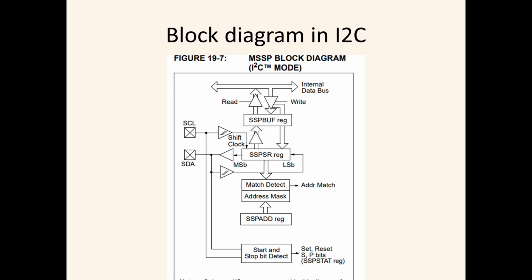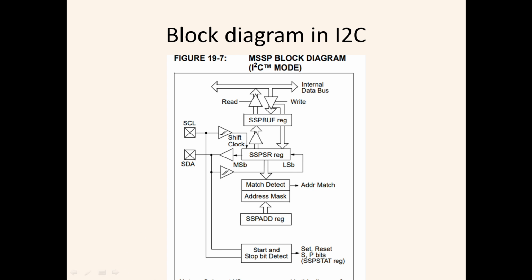The first register is SSPCON, the second is SSPCON2, the third is SSPSTAT, and the fourth is SSPBUF, along with the shift register, which is associated with your buffer register. And the sixth register is the MSSP address register. So the slave address has to be mentioned with the help of the MSSP address register.